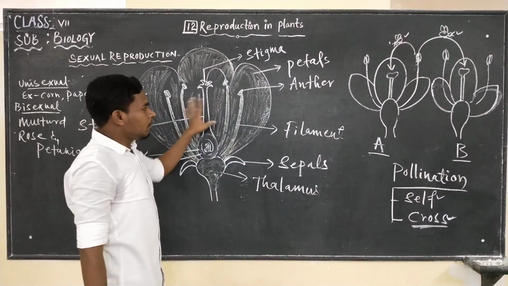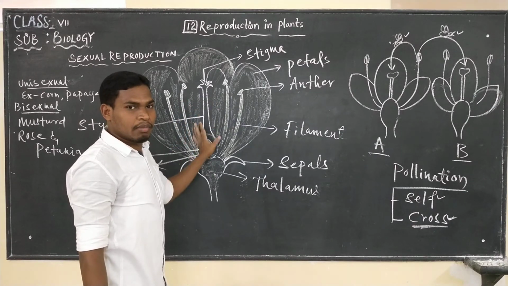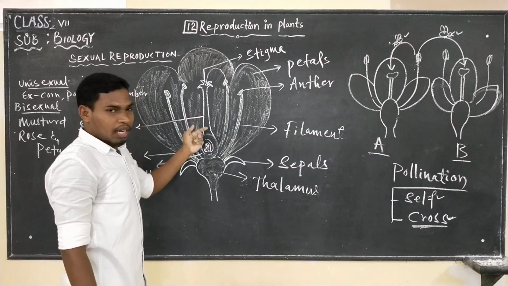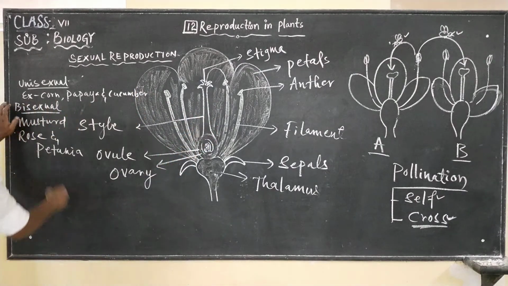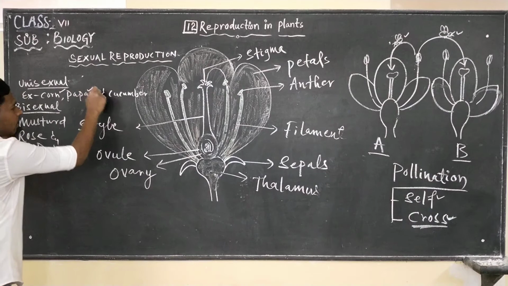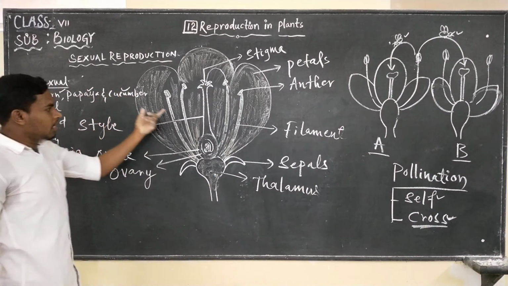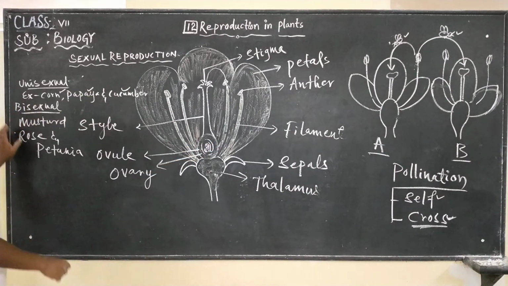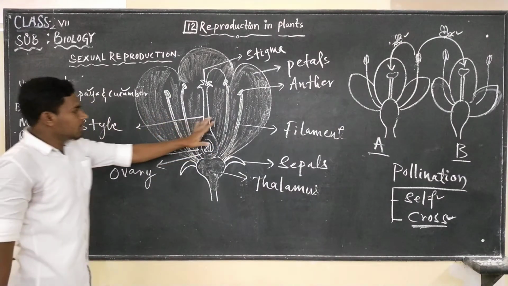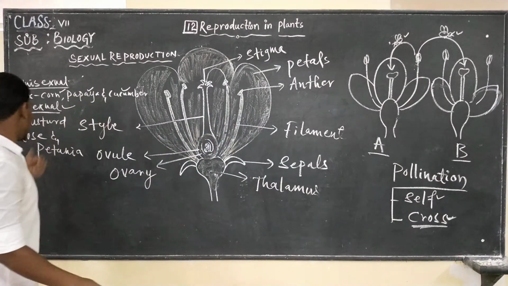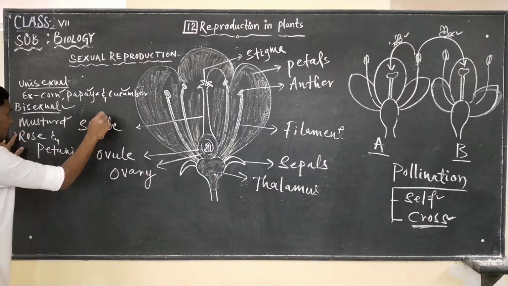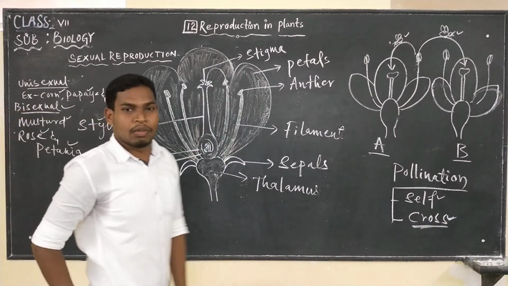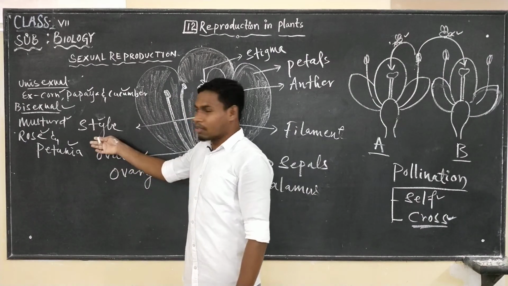When they contain both the male part and female part, we call them bisexual flowers. Examples are mustard, rose and petunia.